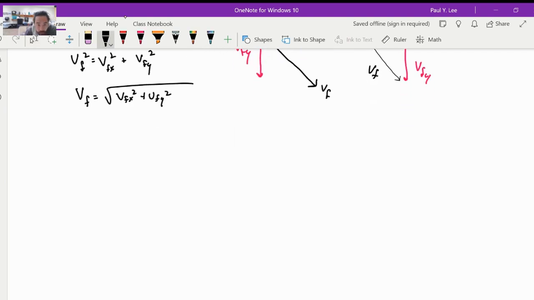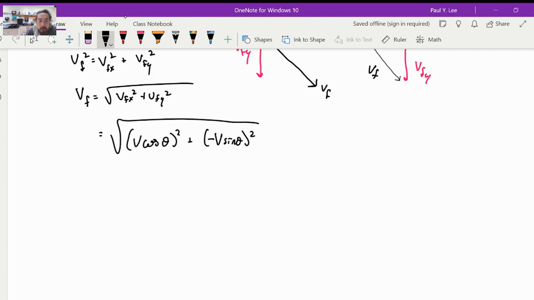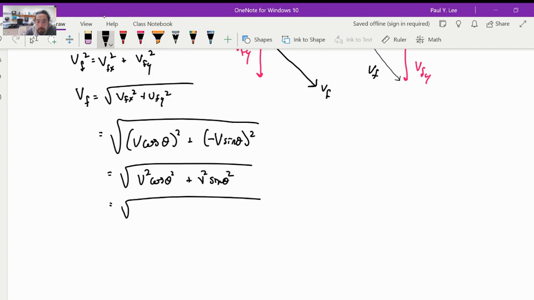Now, we didn't come all this way here to leave it in those terms. So, in my next line down, I'm going to actually fill it all in. We found that our VFX is V cosine theta, squared, and our VFY is negative V sine theta, squared. Okay, and so what we get is V squared cosine squared theta plus V squared sine squared theta. Okay, so at this point we can do a little bit of fancy algebra, right?